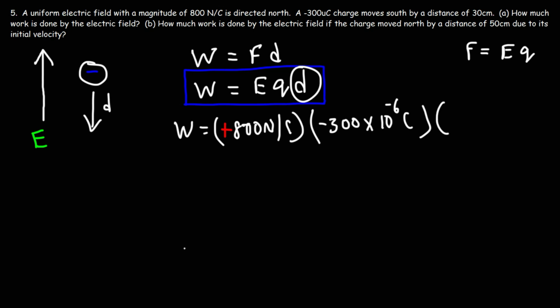And D is the displacement. The charge is moving 30 centimeters south. So the displacement, because it's going in the negative y direction, is going to be negative 0.30 meters. We need to divide this by 100 to convert that to meters. So let's calculate the work.